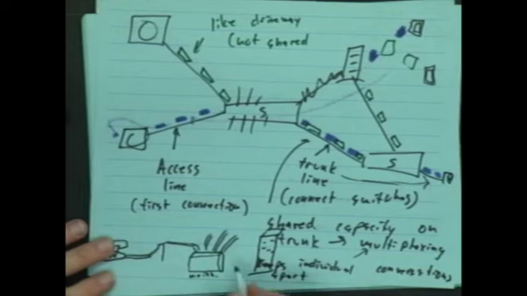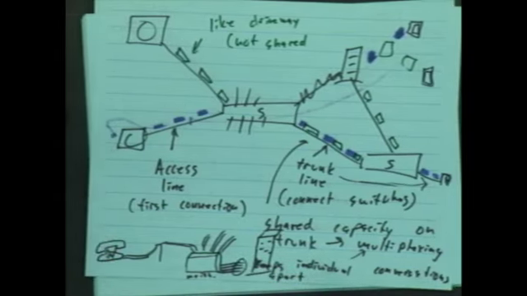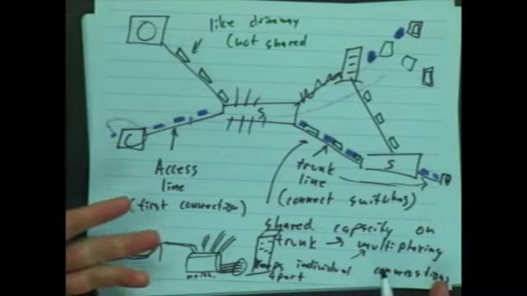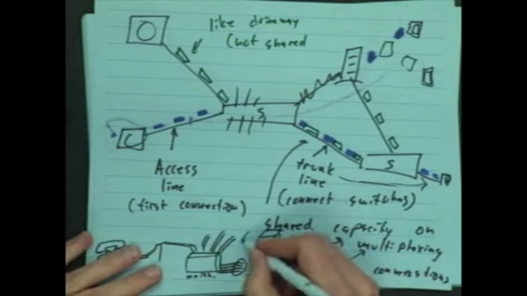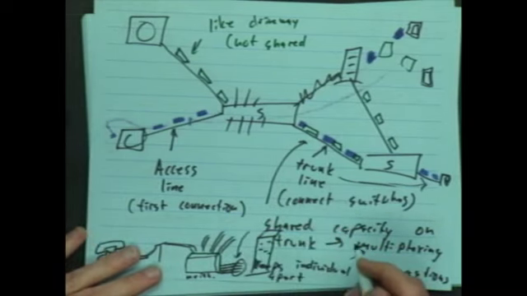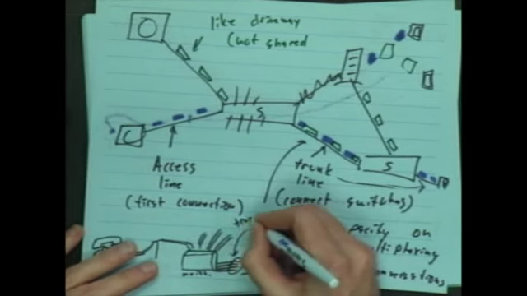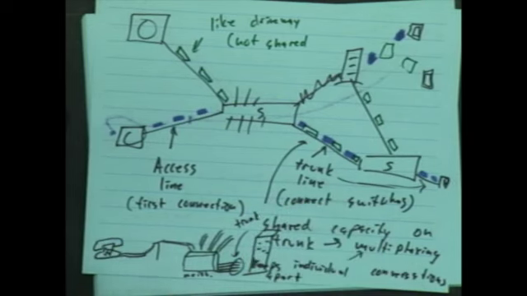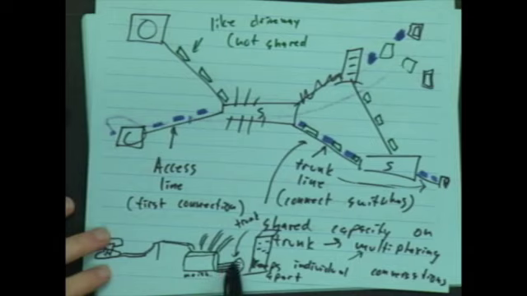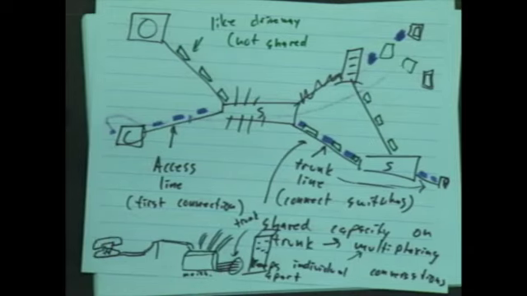So coming to the big office, all of those lines went together in a huge cable. And the cable was so big and fat that it looked like an elephant's trunk. Okay? So a trunk is where we have multiple conversations going on in here, right? So that's what a trunk line is.